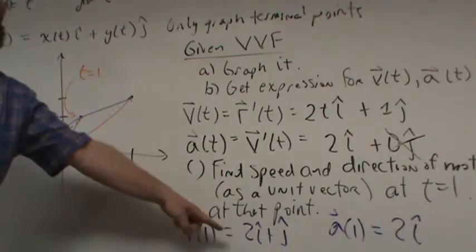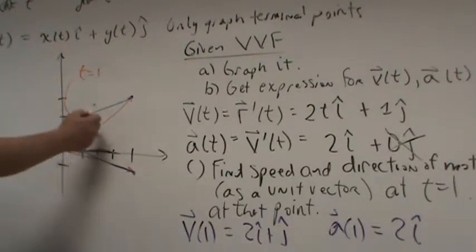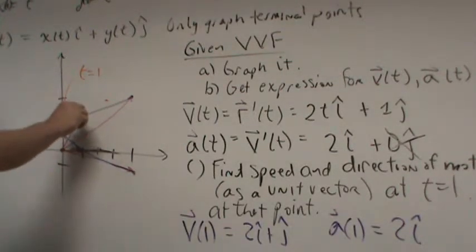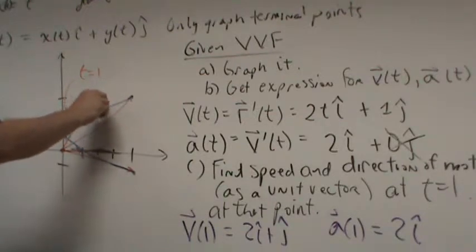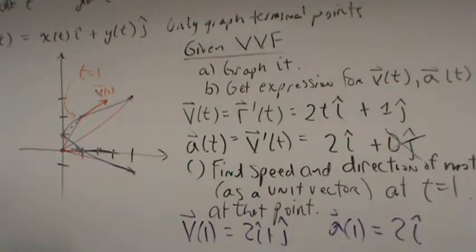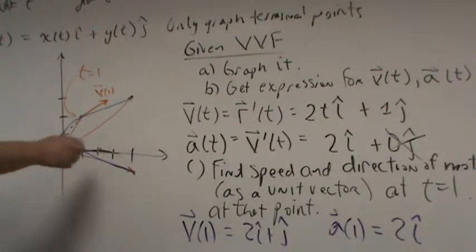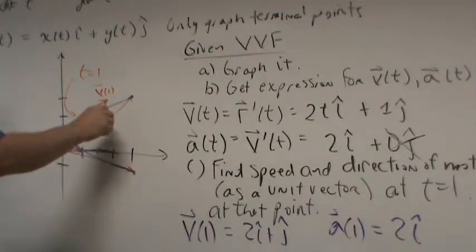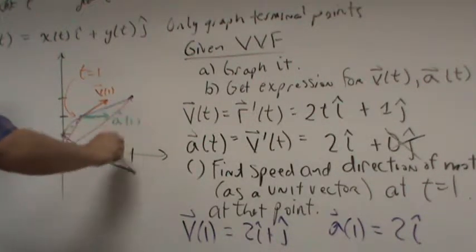My velocity vector is 2 comma 1, which means I go over 2 and up 1. So this is literally my velocity vector, v of 1. And then I can draw my acceleration vector, which is just 2i. So this is my acceleration vector.